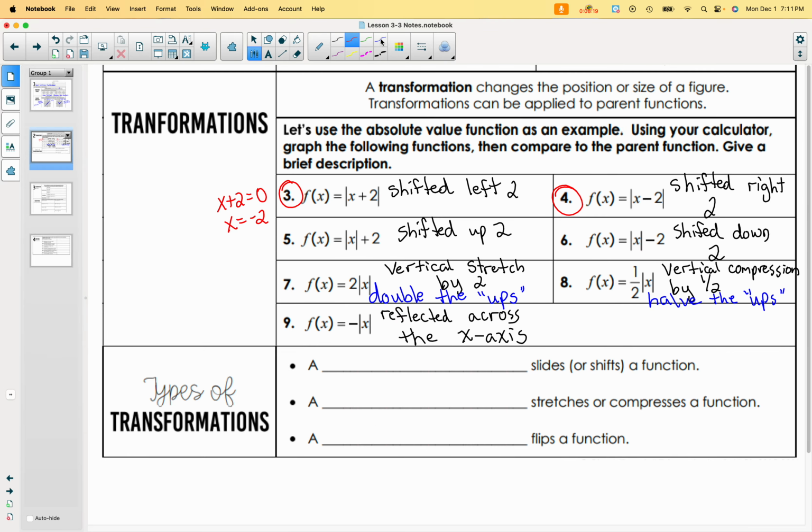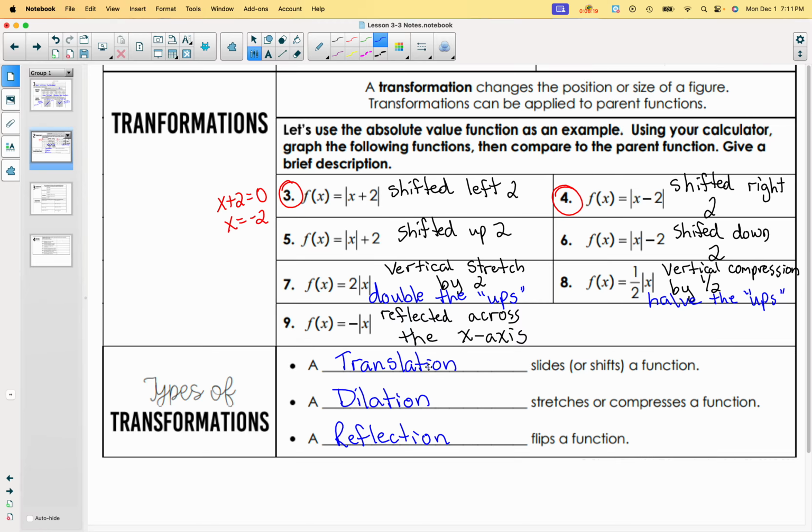So the types of transformations that we have: a translation, and the translation is a slide or a shift for the function, and we have a dilation, and that is when it stretches or compresses, and then we have a reflection when it flips the function.